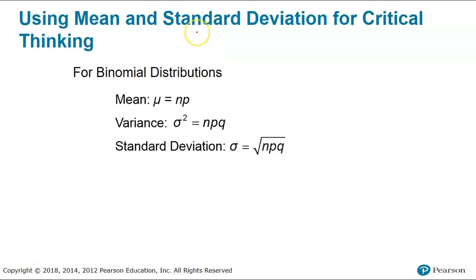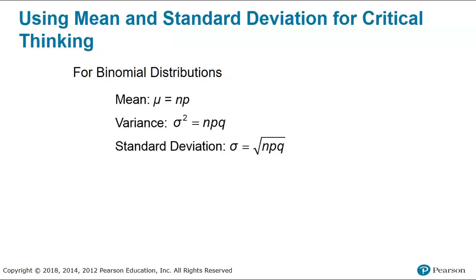Okay, so the last concept, and I do have several examples still to look through, is finding the mean and standard deviation when you're talking about binomial distributions. In section 5.1, we spent a lot of time finding the mean and standard deviation for a general probability distribution. It wasn't specifically binomial.